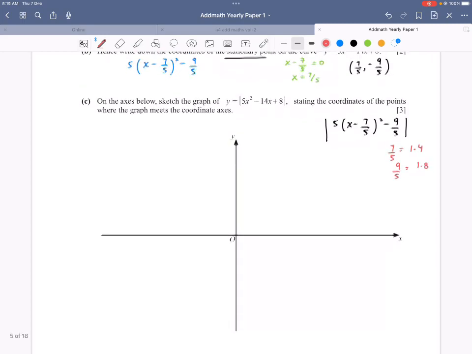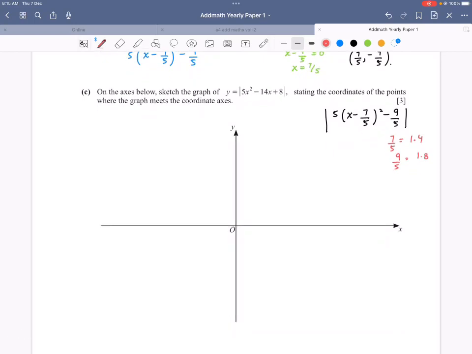So when x is 1.4, roughly I will do the scale on the x-axis 1, 2, 3, 4, −1, −2, −3, and on the y-axis 1, 2, 3, 4, −1, −2, −3, and −4. Firstly, I construct the point 1.4 and −1.8, because it's −9 over 5. So when x is 1.4, we got y is −1.8. Somewhere here is the point.